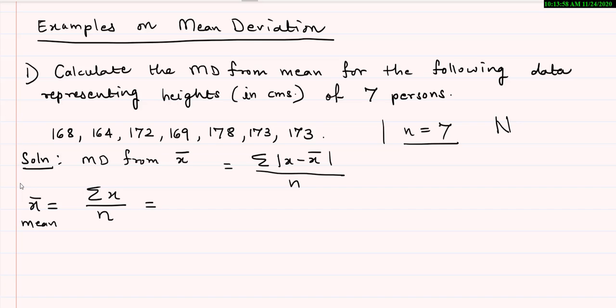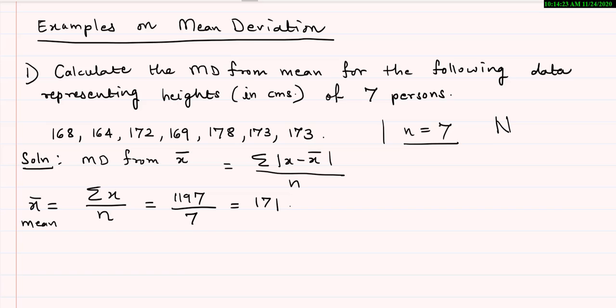So summation x is adding all the numbers given here. The total, which can be done on the calculator, comes out to be 1197, and there itself on the calculator you divide it by 7, which gives me the answer 171. So my x bar for the given data is 171.